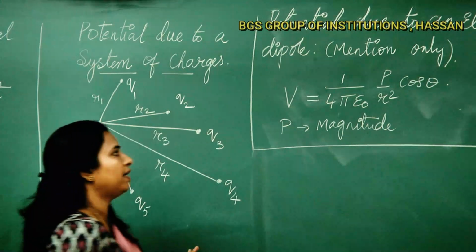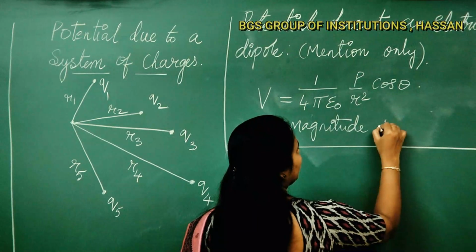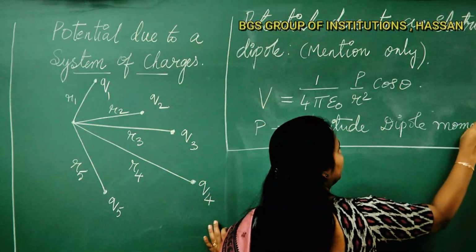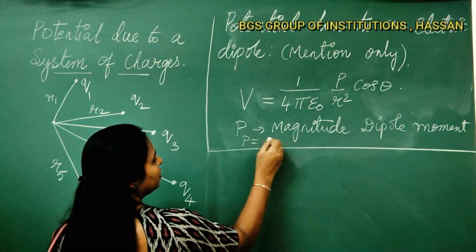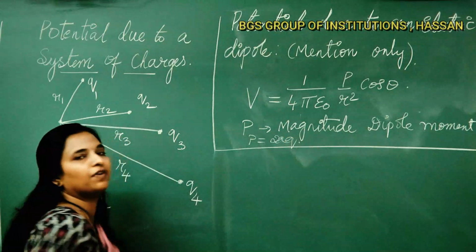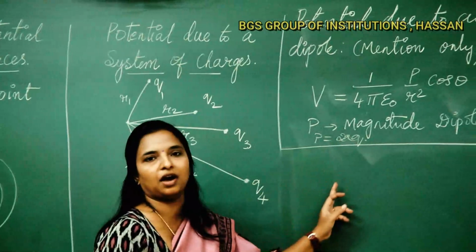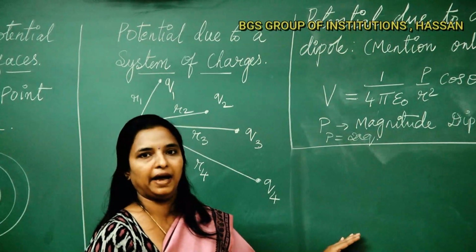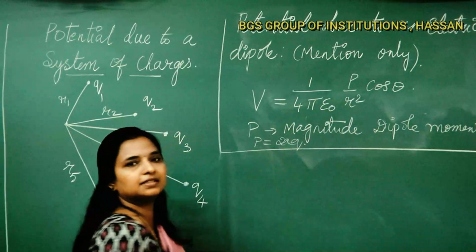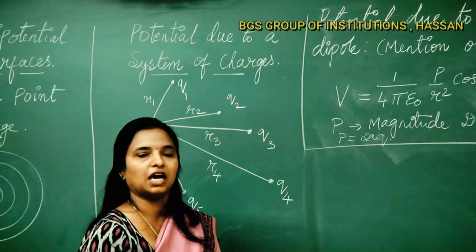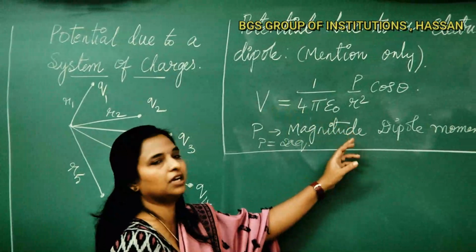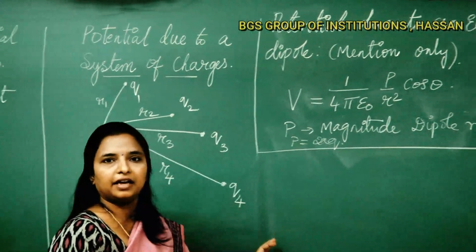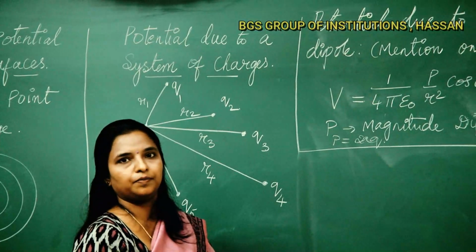electric dipole moment. Its expression is P is equal to 2aq, where q is the magnitude of either of the charges, because both the charges have the same magnitude, and r is the position vector of the point from the dipole, and theta is the direction, isn't it?